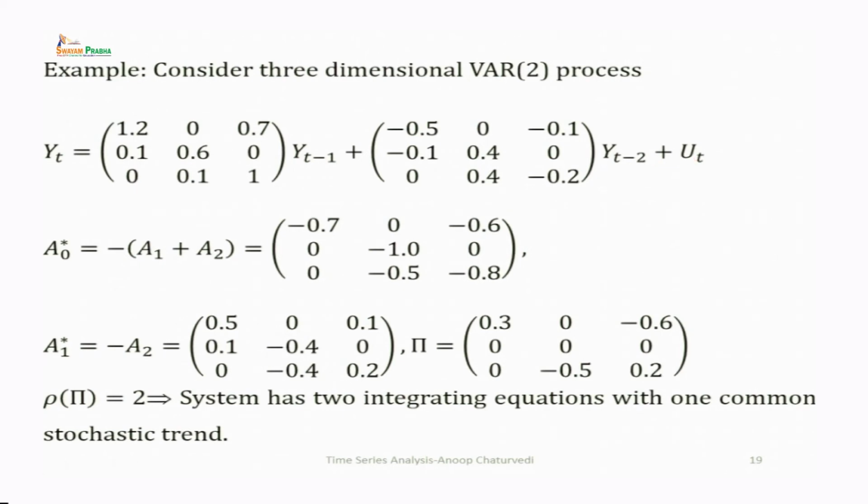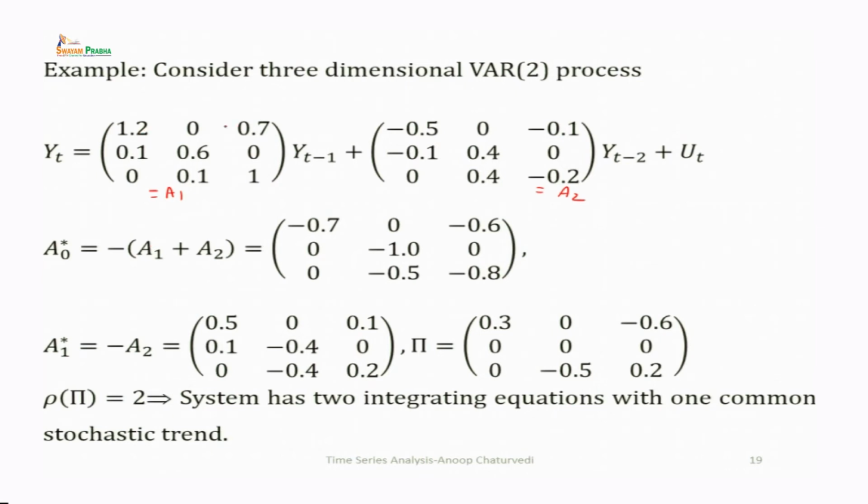So, we have a VAR2 process, and then this is your A1, this is your A2. So, your A naught star is equal to minus A1 plus A2, and you can easily verify that A naught star is equal to this matrix. Just simply add A1 and A2, and then you have a minus sign here.